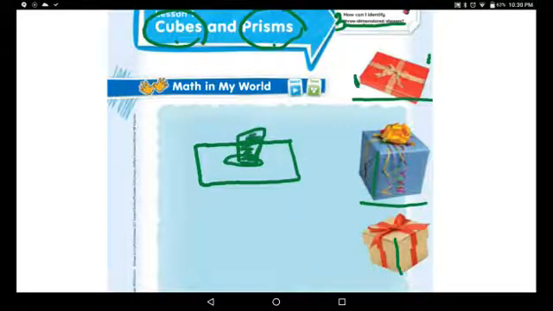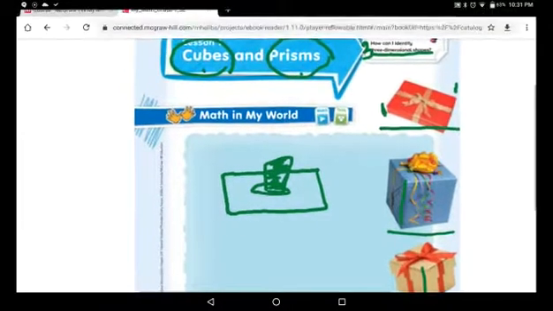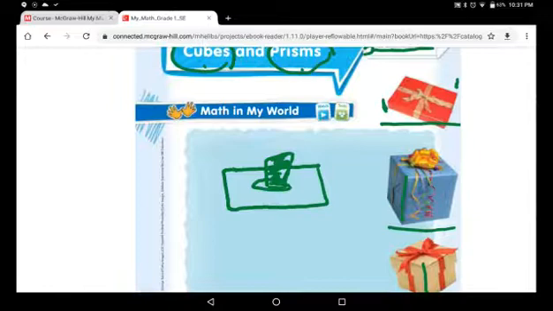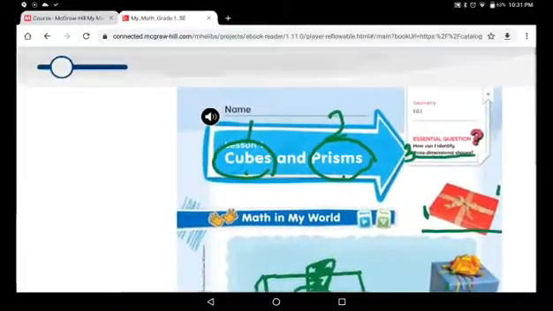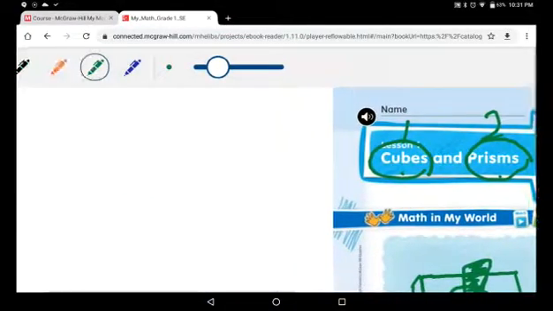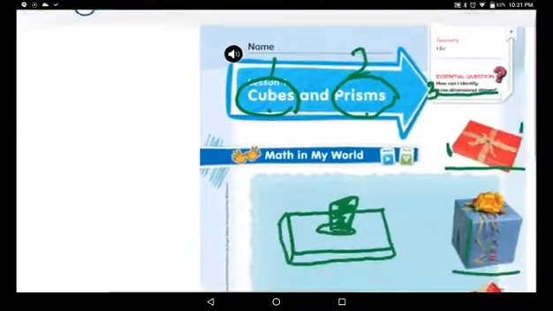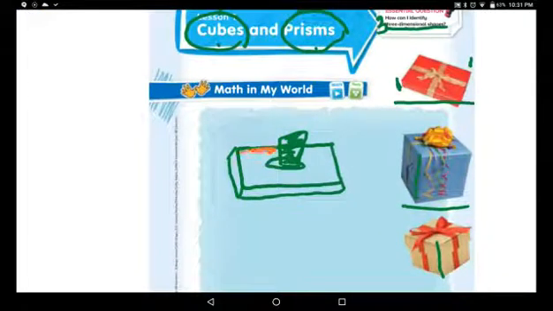Now, let us focus. Okay, this is the tissue box. I will draw it from this side. Now, let us focus on this side. It is what?